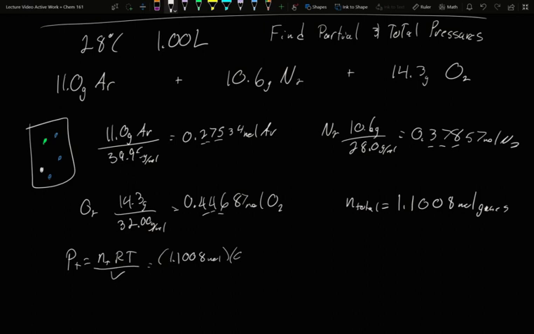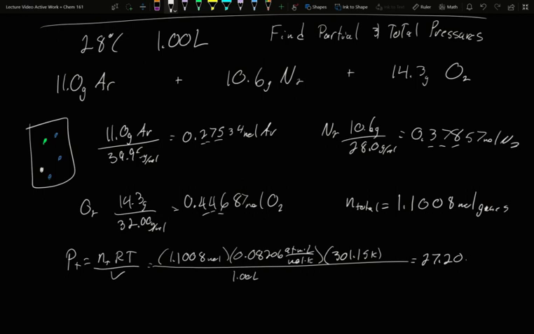Let's do it in atmospheres. 0.08206 atmosphere liter per mole Kelvin for our R value. My temperature, 28 plus 273.15 for 301.15 Kelvin, and a volume of 1.00 liters for a pressure total of 27.20 atmospheres to 3 sig figs.